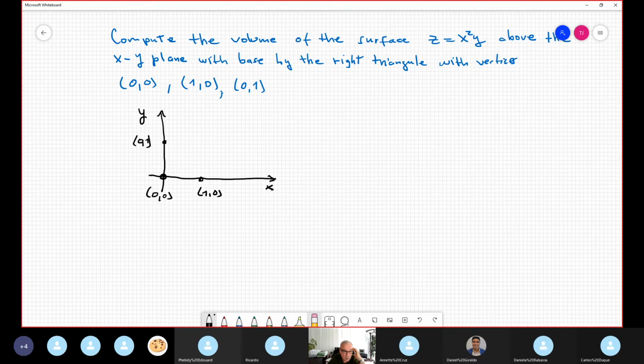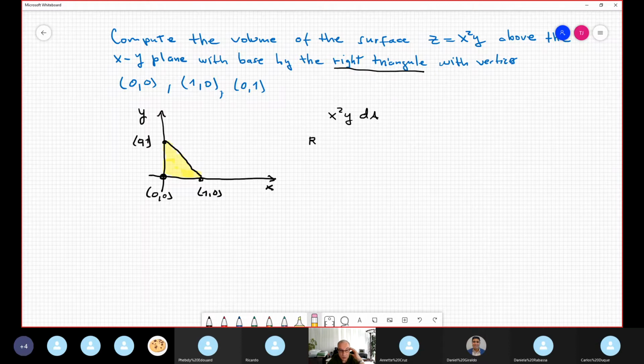Okay, so the triangle. The problem presents a right triangle, corner 90 degrees, and this is my region. Now I need to do the double integral over that region R of this surface x squared y, dA. This is my job.